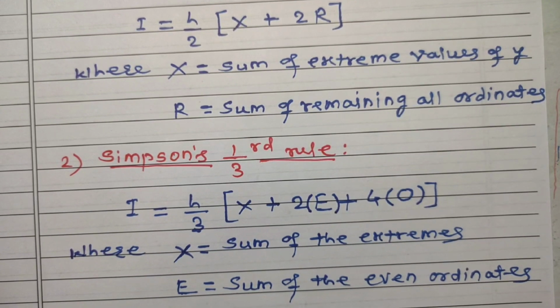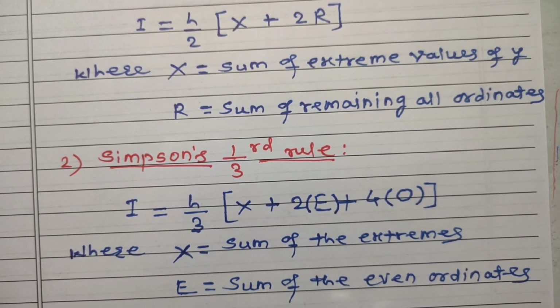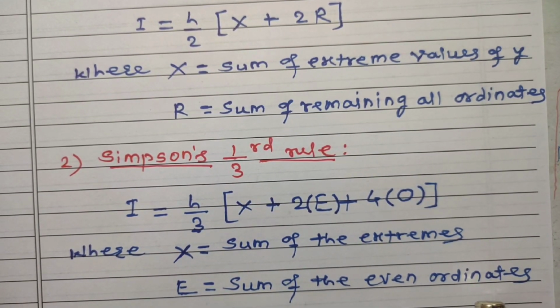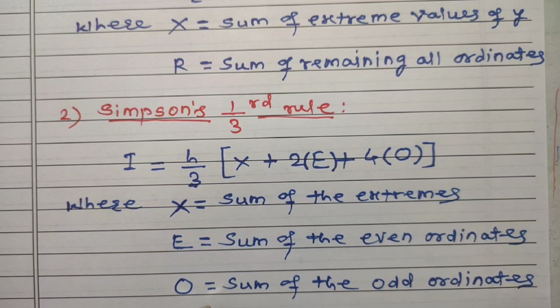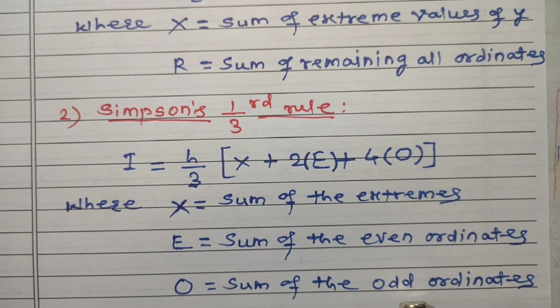And capital E gives sum of the even ordinates. Meaning of this is what? Ordinates with suffix even numbers. And 4 times O. O means sum of odd ordinates. Odd ordinates means ordinates having suffixes odd numbers.